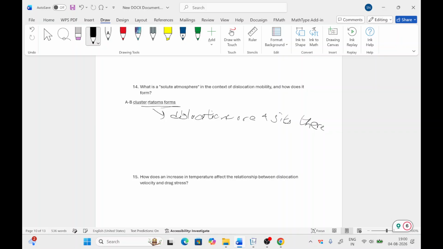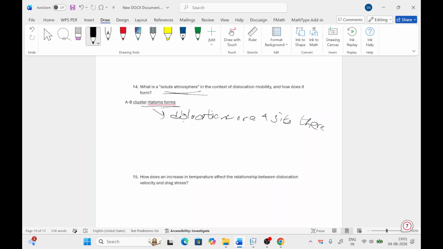So because of the cluster formation in the dislocation core, the dislocation motion will be difficult because of this cluster of atoms at the dislocation core. So that is called the solute atmosphere around the dislocation. This cluster of atoms does not want to move the dislocation if we apply any stress.